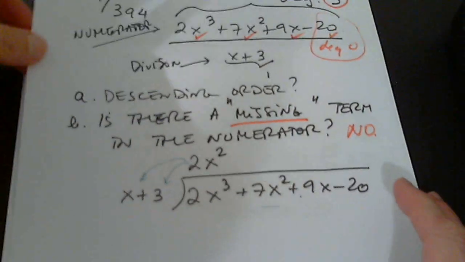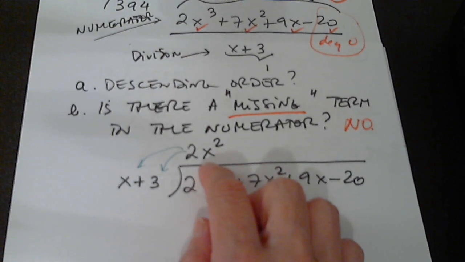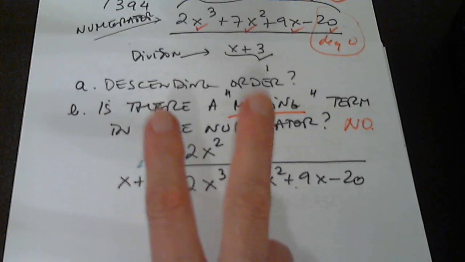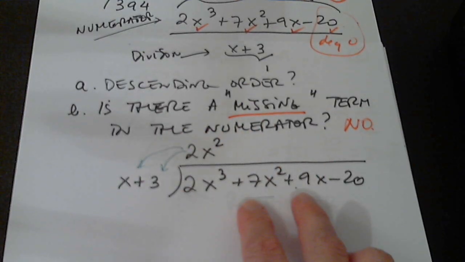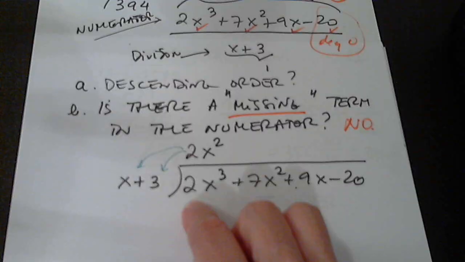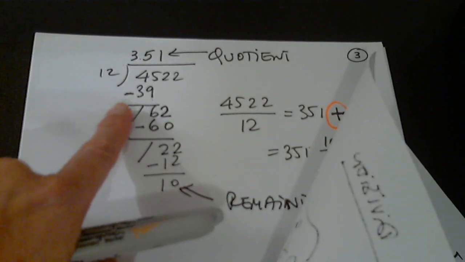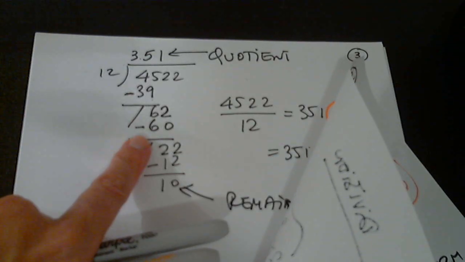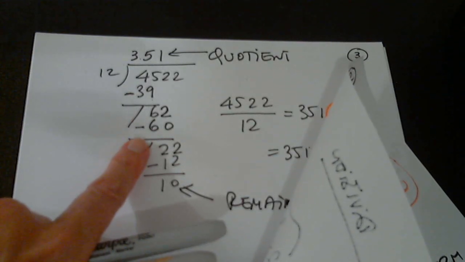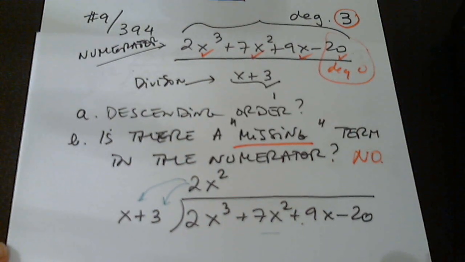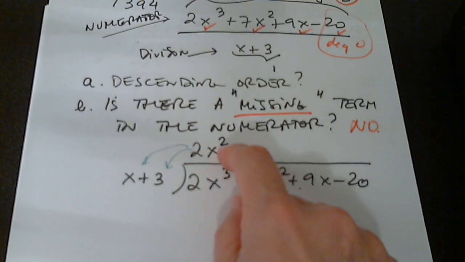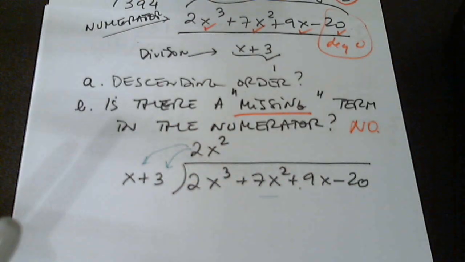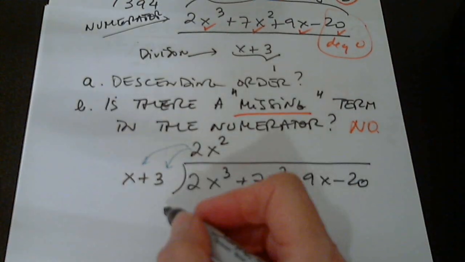Okay, so the answer is 2x squared, but when I go back and I distribute, I get two terms, and every time I write them underneath the like terms, I have to change to the opposite sign. If it's positive, I have to write negative. If it's negative, I have to write positive. So always opposite sign. So 2x squared times x is 2x cubed, but I have to change the sign to the opposite sign.